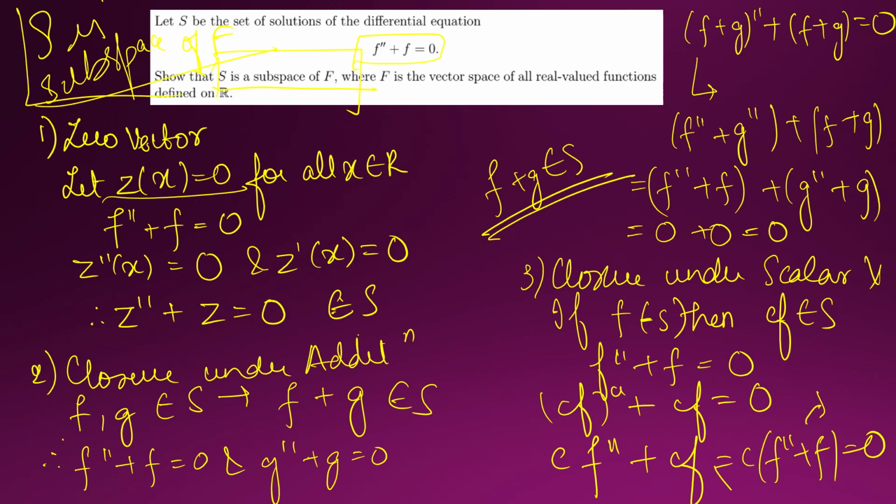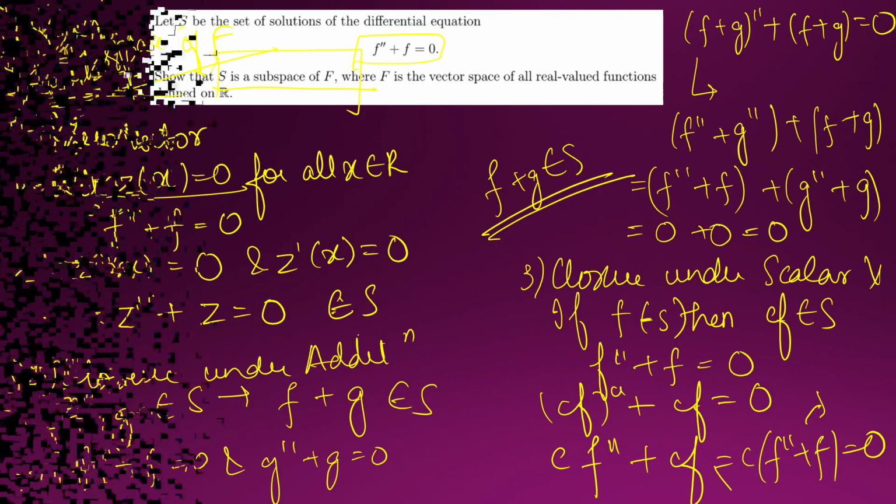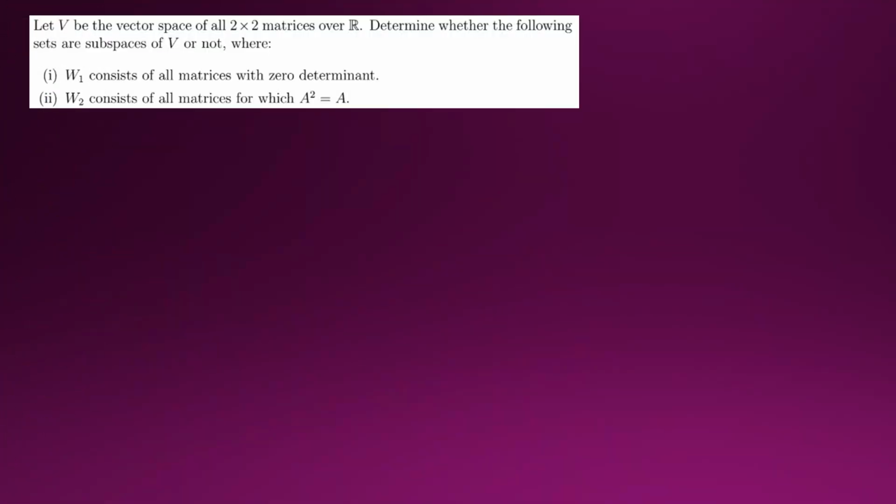Next question. So let V be the vector space of all 2 into 2 matrices (a, b, c, d) over R. Show whether these sets are subspaces of V or not.